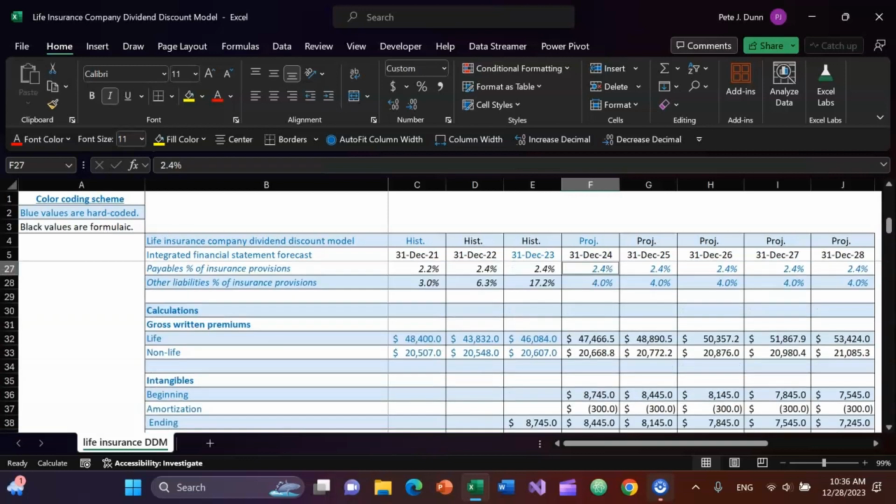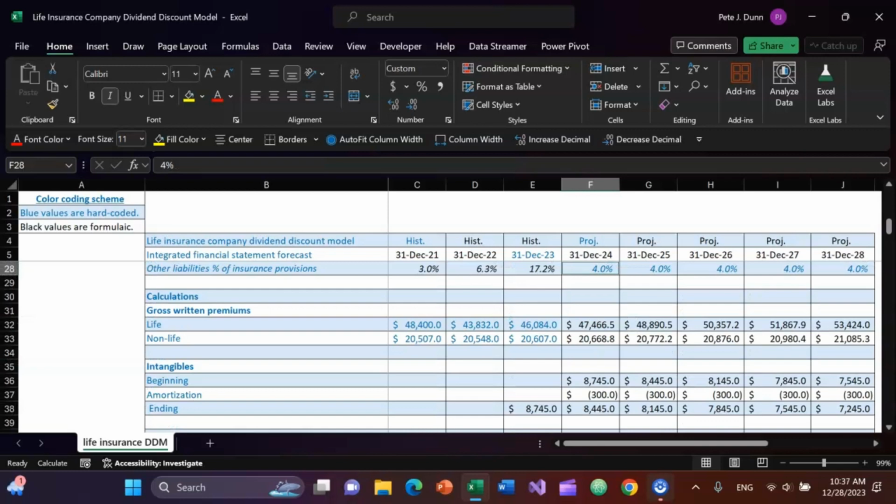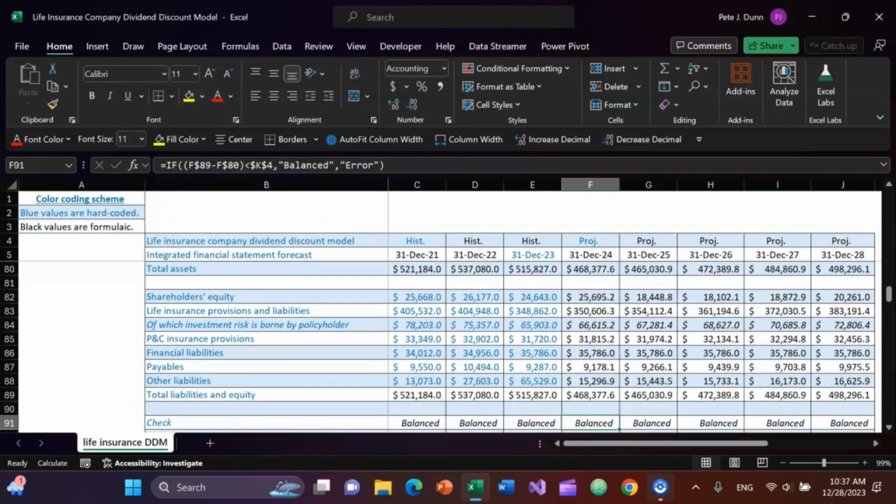So I'll do Control Left bracket. You can see in row 27 there's a payables as percentage of insurance provisions assumption. Row 28, there's another assumption for other liabilities, which are based on a percentage of insurance provisions. I assume 4%. F5 enter to get back.